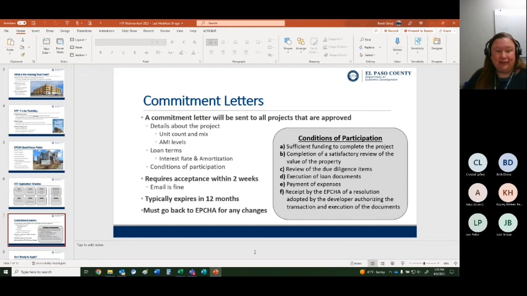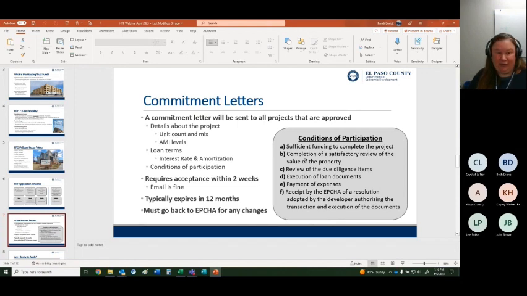It will set out the loan terms, so the interest rate, the amortization, when you start paying back, how long it's going to take you to pay back, all of that will be in that letter, and the conditions of participation. So we have a nice little list here of the different conditions that could be part of that participation letter. So we give you a couple weeks to read through all of that and decide if you can meet all of the conditions that are listed on that letter. And then you have to respond back if you accept that or not.